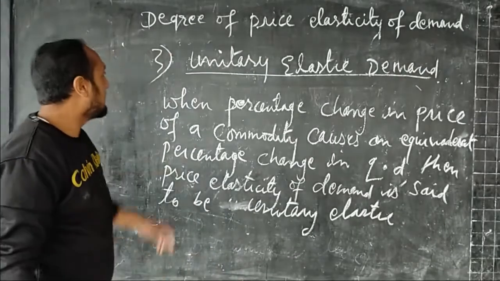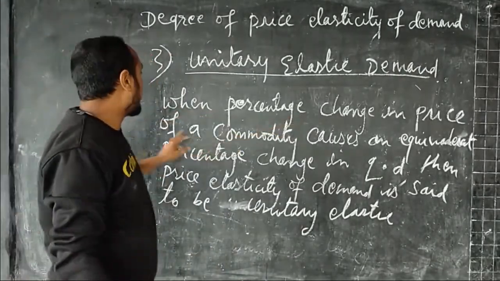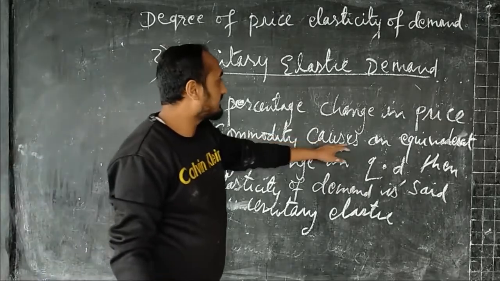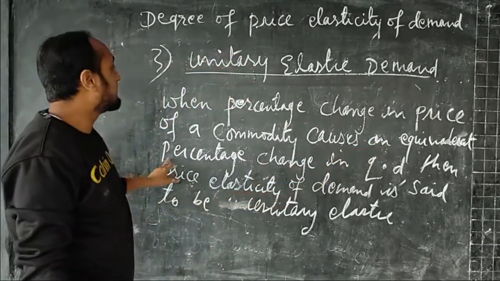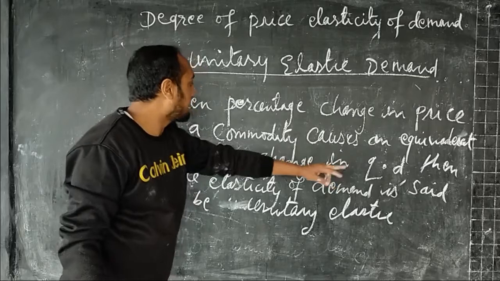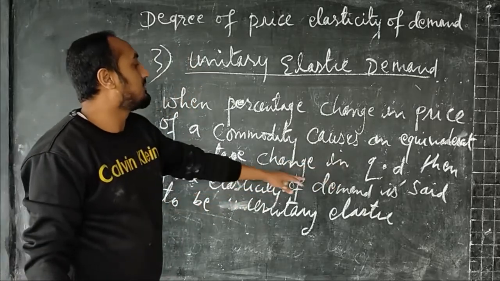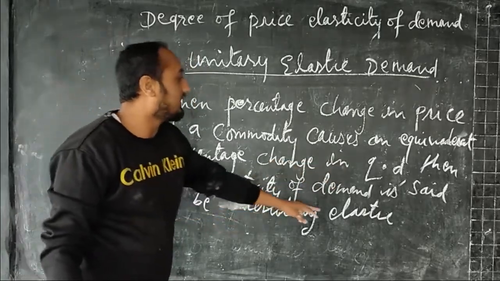Okay, once again listen. When the percentage change in the price of a commodity causes an equivalent percentage change in the quantity demand, then the price elasticity of demand is said to be unitary elastic.